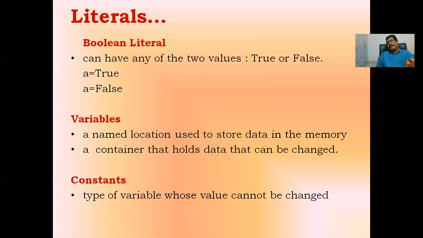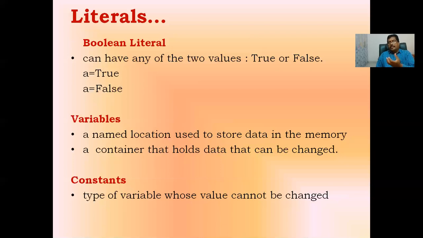Okay, whereas literals are considered raw data given to a variable or constant. Already we specified in the definition itself what that particular variable and that particular constant is. A variable is nothing but giving some particular name to a location, and that location is going to hold some particular value.